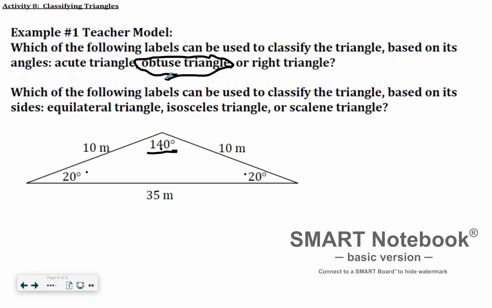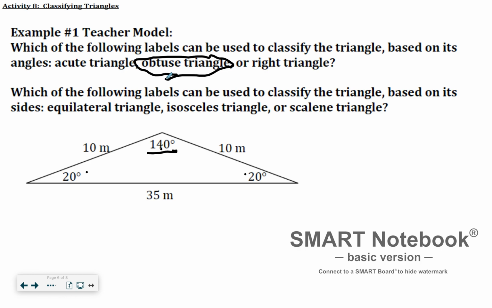The second question asks us to look at the same triangle and this time decide if it's an equilateral, an isosceles, or a scalene triangle. These terms are referring to the side lengths of the triangle. An equilateral triangle has 3 sides that are equal, or all the same length. An isosceles triangle has 2 sides that are equal. A scalene triangle has 3 sides that are all different lengths. Looking at the side lengths given for this triangle, they are not all the same, so this is not an equilateral triangle.